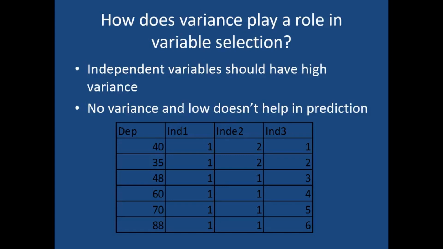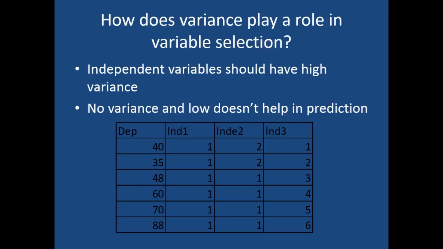Now let's go to the last variable, independent variable 3. Independent variable 3 is actually changing at every level, from 1 to 6. Now you compare it with the dependent variable. You see that with an increase in independent variable 3, the dependent variable is also increasing in that order.